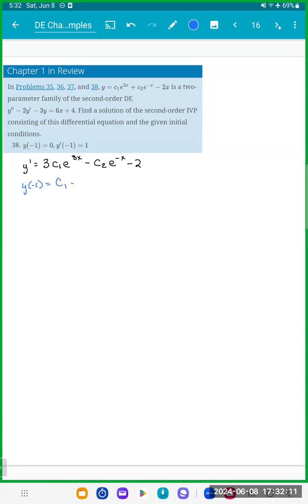That is c1 e to the 3x, but our x here in this case is -1, plus c2 e to the -1 minus 2 is equal to 0. That simplifies to c1 e to the -3 plus c2 e to the 1 plus 2 is equal to 0.